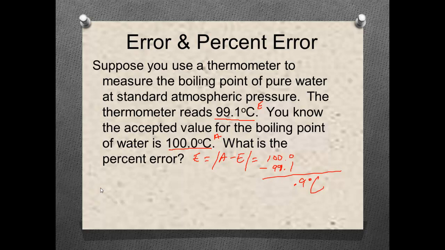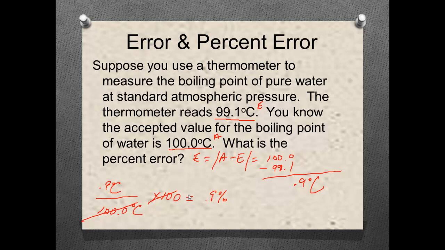So I can take that 0.9 degrees Celsius and divide it by my accepted value. My accepted value is 100 degrees Celsius, and then I get to take that and multiply it by 100. If you didn't have a calculator, you can see that these two numbers actually cancel out, and I'm left with 0.9%.